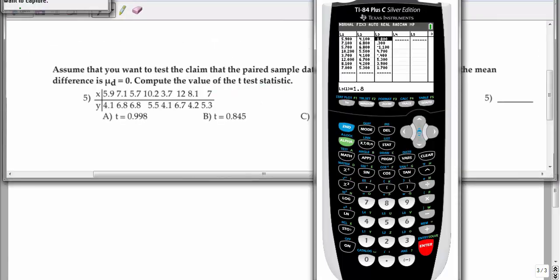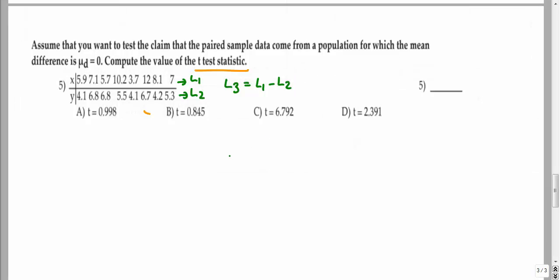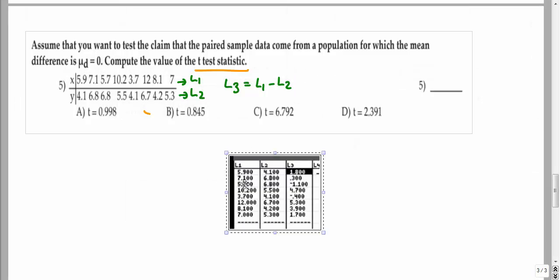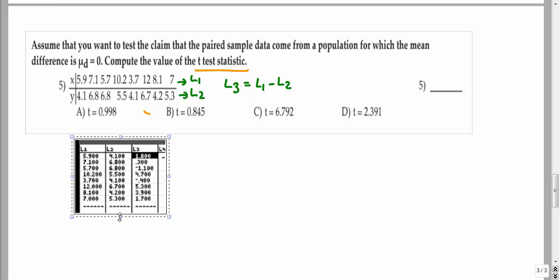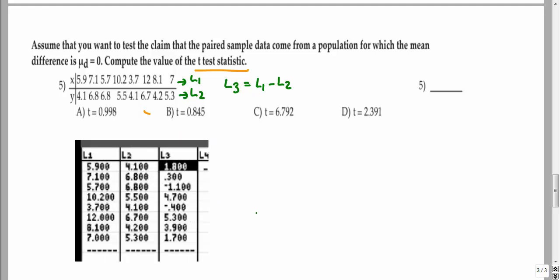So let's pop this into the lecture so we can remember where that data comes from. So this is the differences that we're looking at. These are my x values, these are my y values, and this is equal to L1 minus L2.